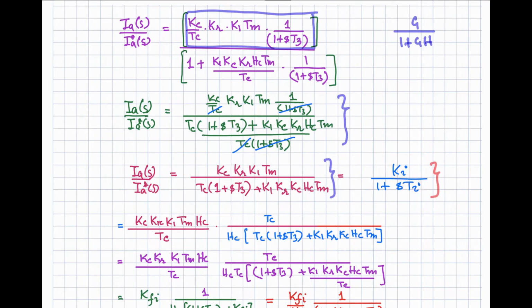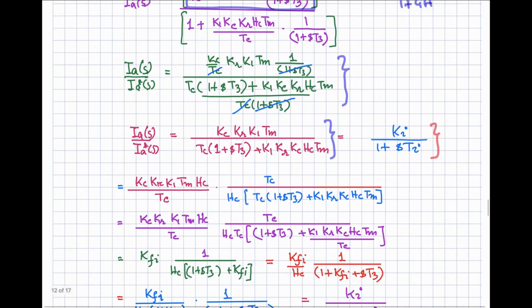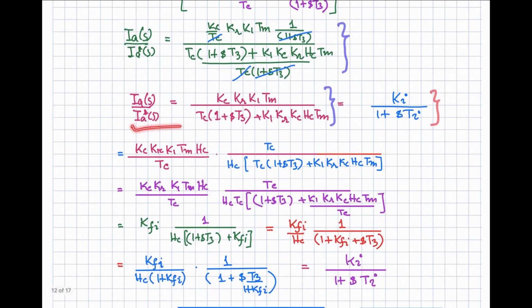Okay, now let's write down this expression that we have seen over here in this form, so that we can identify the expression for Ki and the time constant Ti for this current loop. So rearranging this equation, we can write it like this.